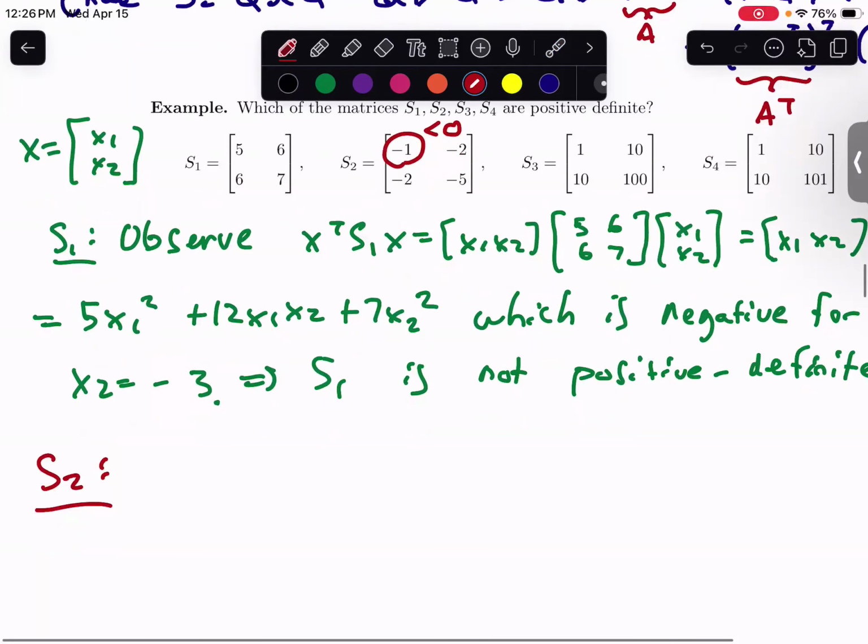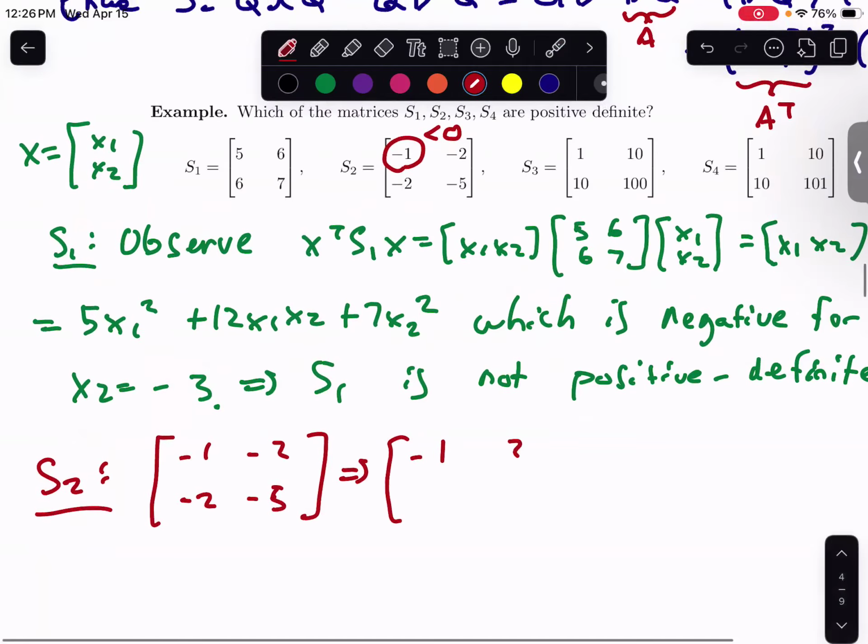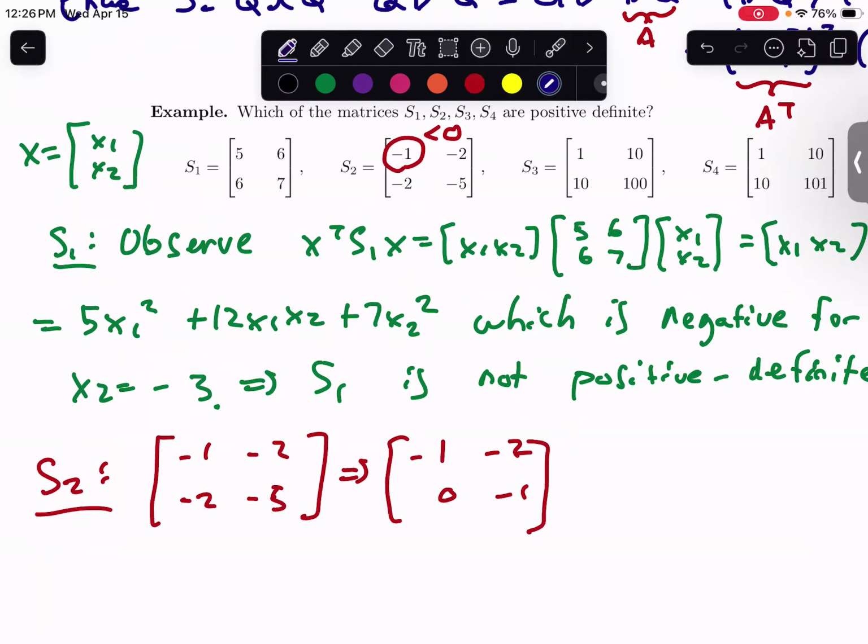And you can go further if you wanted to. It's unnecessary, but we have the matrix -1, -2, and then -2, -5. If you wanted to row reduce, again, it's not necessary, it would row reduce to -1, -2, and then 0, -1. So you can look at the two pivots, or really just any one of them. We have the -1 from before, that's less than 0.